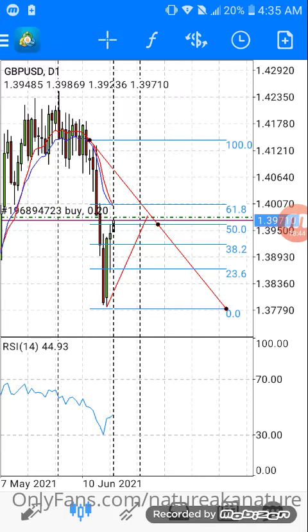So right now it's at the 50 level. It could hold at the 50 level before reversing back down. For a few days, it can hold back there at the 50 level for the next couple of days. It can even go to 61.8 if it wants to.